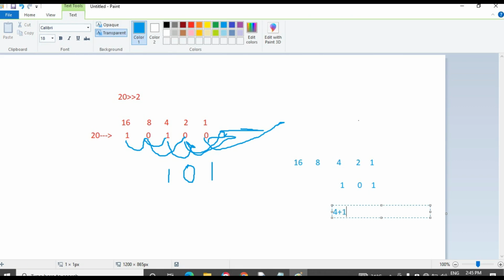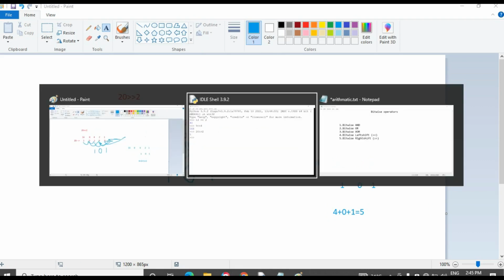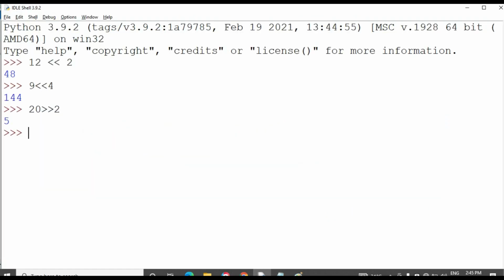Finally the output is 4 plus 0 plus 1 equal to 5. So we got the output 5 here. Then I'll do one more also.